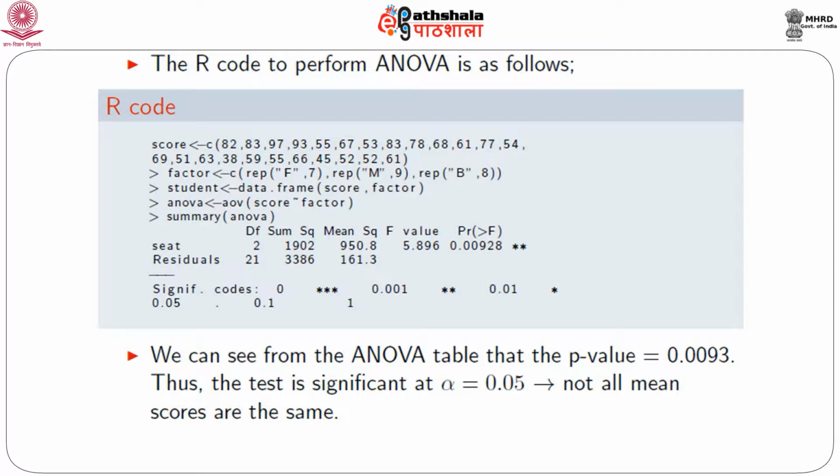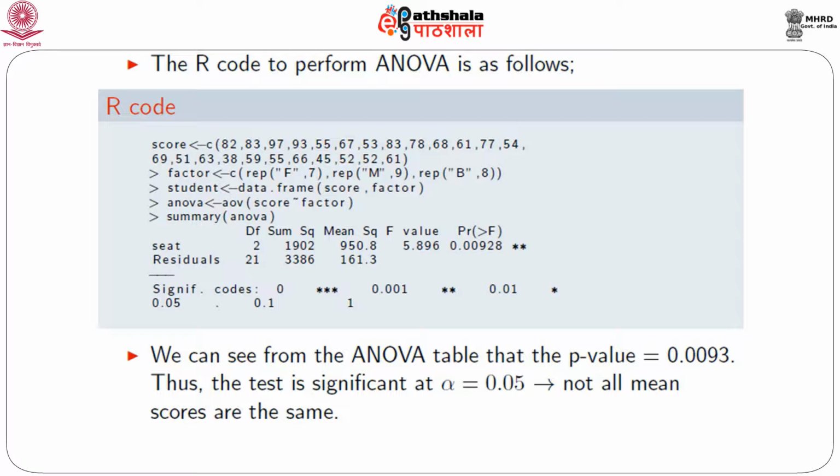I am not reading out the entire code as it is difficult to follow, so just carefully read them line by line. The first line creates the data set, the second line renames the factors, the third line creates a data frame, the fourth line creates the ANOVA table, and the last line prints it.